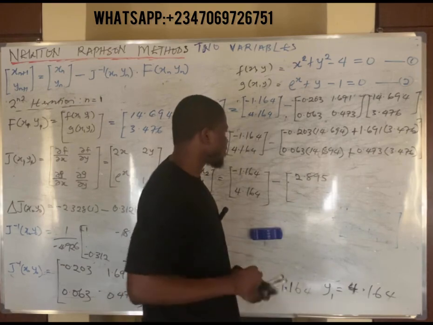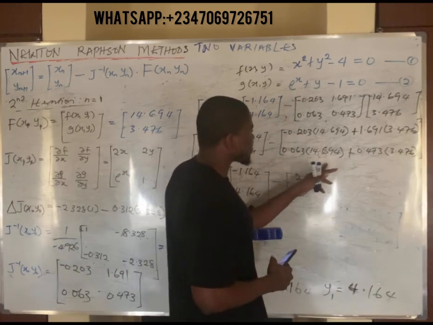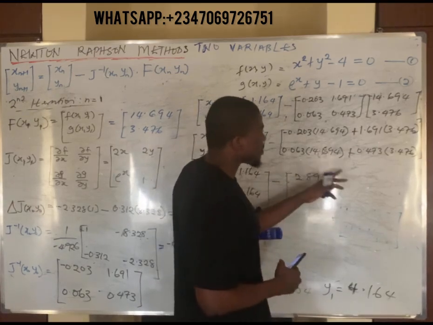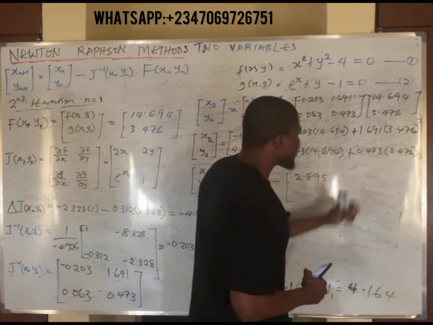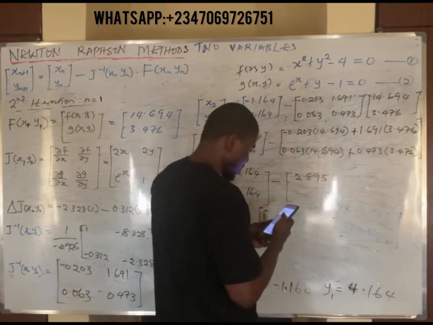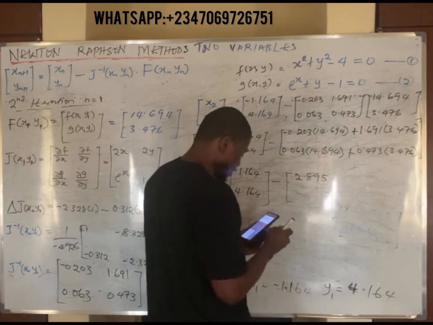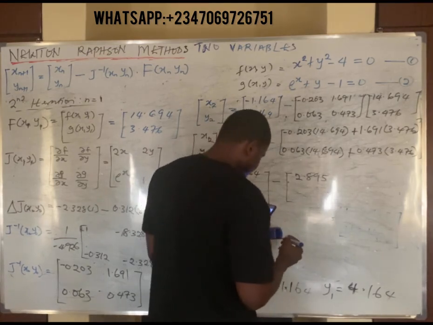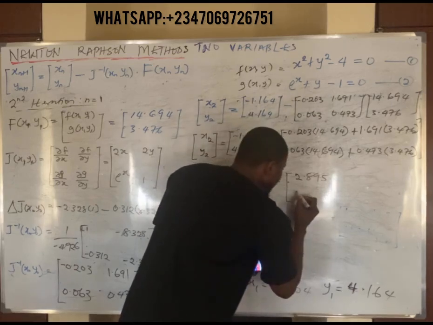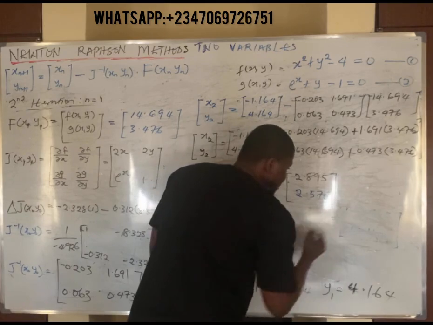second row. Okay, so second row is 0.063 multiplies 14.694 plus 0.473 multiplies by 3.476. So let's do this and see. So everything gives us approximately 2.570. So we have 2.570 approximately.